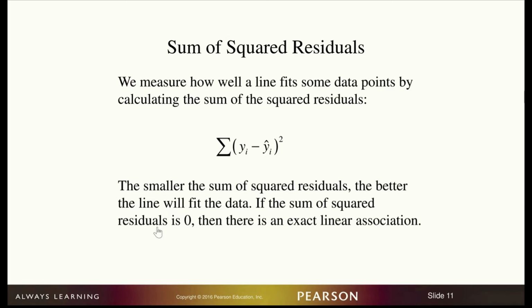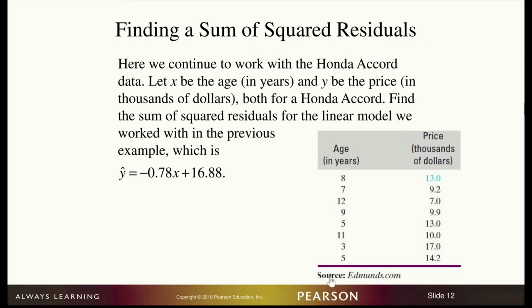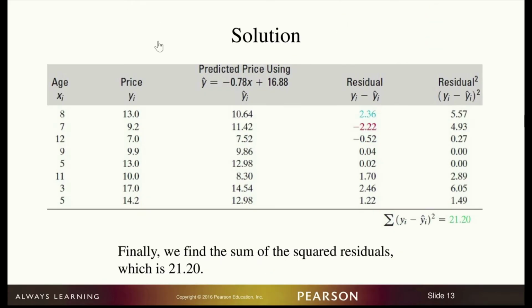Again, notice that if the sum of the squared residuals is 0, there's going to be an exact linear association. So if we go back to our Honda Accord model, what we could do is actually find this sum of squared residuals. Let's see how we would do that. Here we just list all the different ages, the corresponding prices, and then the predicted value for those ages, right?